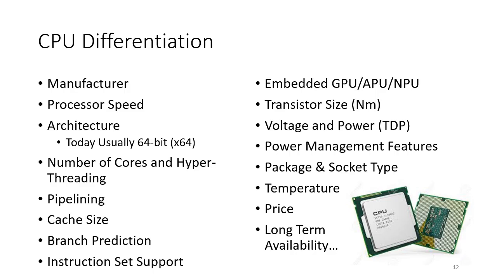Branch prediction, that's sort of related to pipelining, but also in terms of looping. So what happens inside your computer is, as you're processing your instructions, at some point you'll be taking a decision, and you will either decide to do one thing or another thing. So what a modern CPU can do is it can actually predict what you might do in future, and if you can predict correctly which branch you're going to take, that can make your processor more efficient.